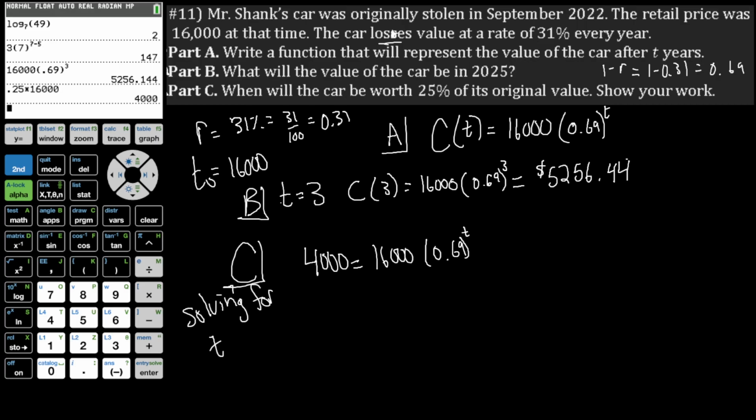So make sure, again, you can have this set up. And so I have divide both sides like we did in those previous problems. Divide both sides by that amount. So divide by 16,000. And so now we have 0.25 is equal to 0.69 to the power t.